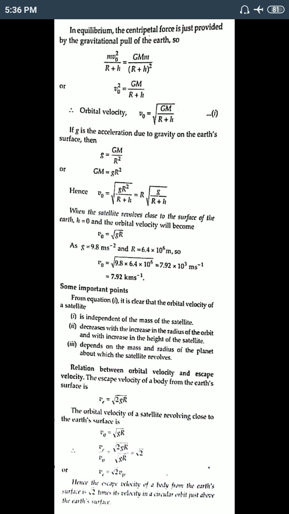So if we divide these two expressions, we get VE equals root 2 into V0. That means the escape velocity of a body from the earth surface is root 2 times its velocity in a circular orbit just above the earth surface. Escape velocity is root 2 times the orbital velocity.